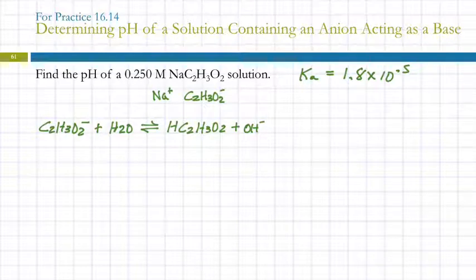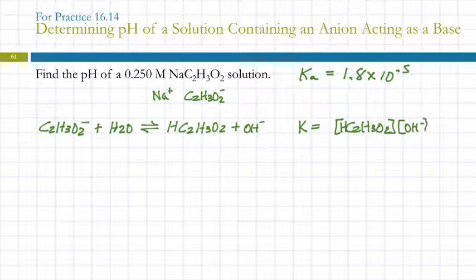So what I've got here is the ionization equation for the base, right? So if I'm looking at an equilibrium constant that's equal to HC2H3O2 times hydroxide ion over acetate ion, is that Ka?